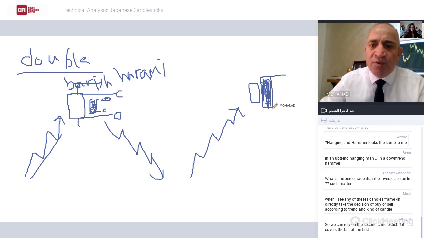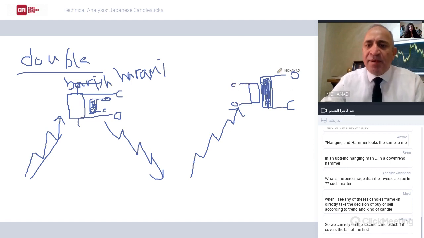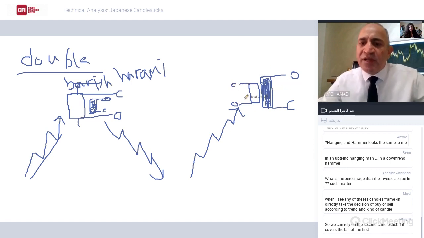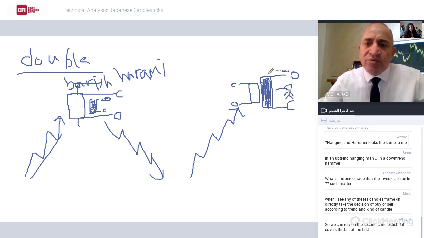As you see, the open and the close of the second candlestick must be lower than the open and the close of the white candlestick. The black candlestick should cover completely the first one. If you are standing here, you cannot see the white candlestick. That's why they call it bearish engulfing.